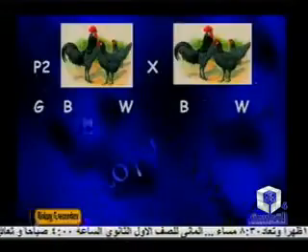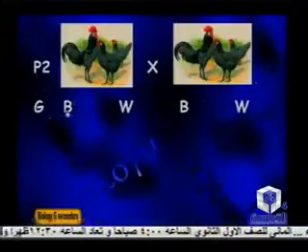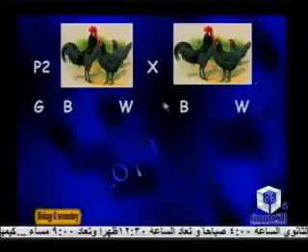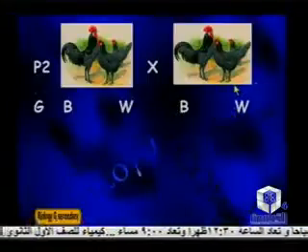For the second generation, two blue fowls are crossed together, BW capitals and BW capitals. This is the blue fowl. When they are crossed together, the gametes are BW for the first one, BW for the second one.